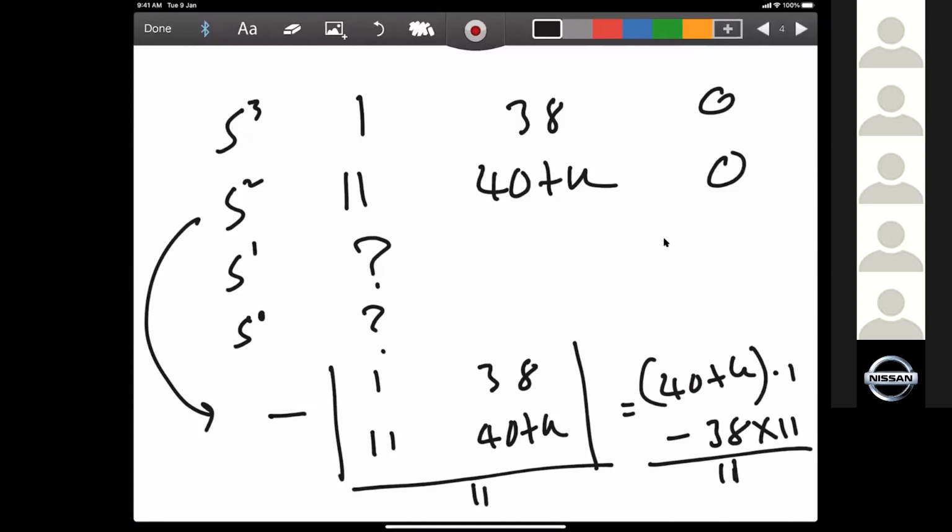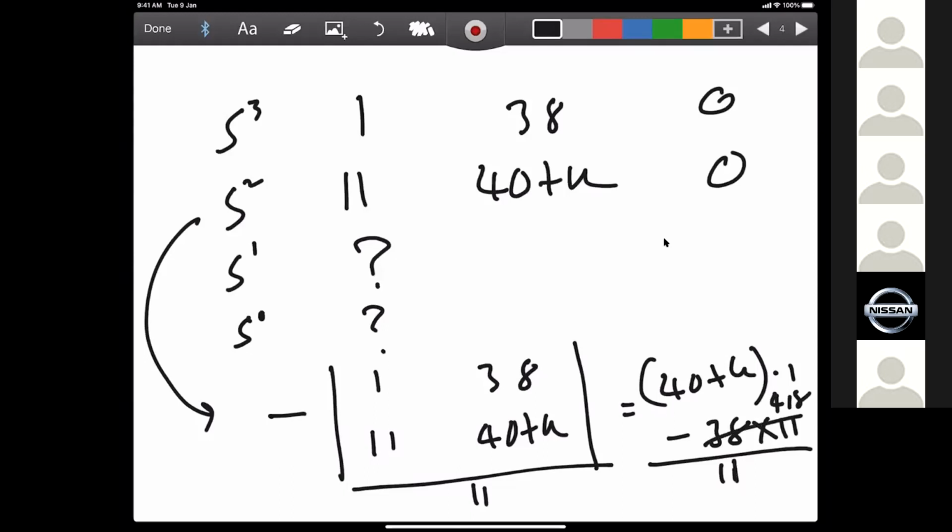Kira-kira, 38 times 11 is 418. This one is 418. So you will get K minus 378, P plus K minus 418 n, minus 418 divided by 11.